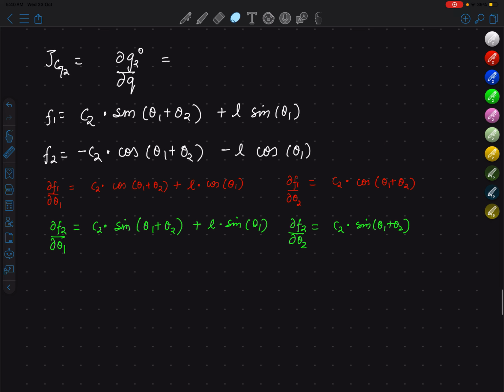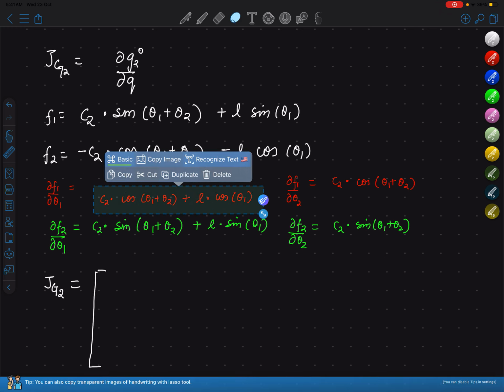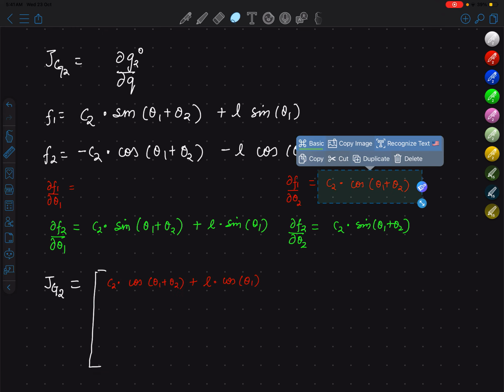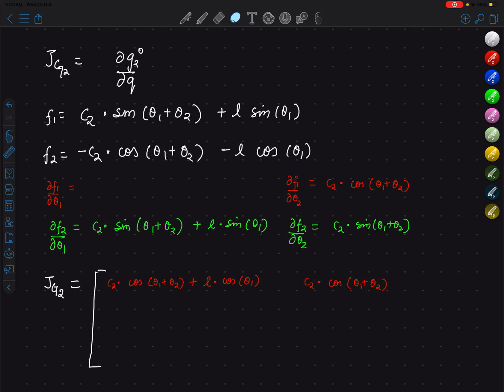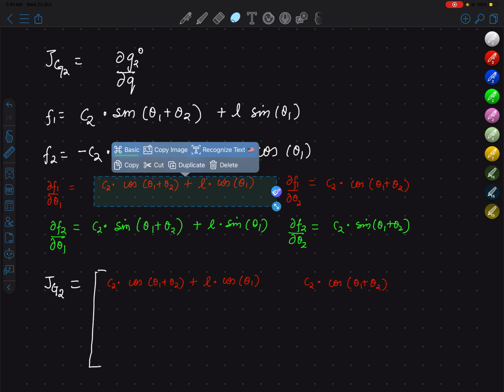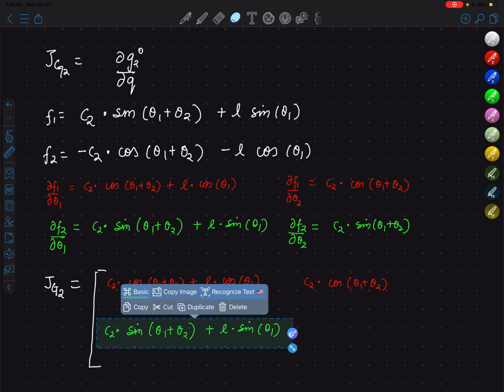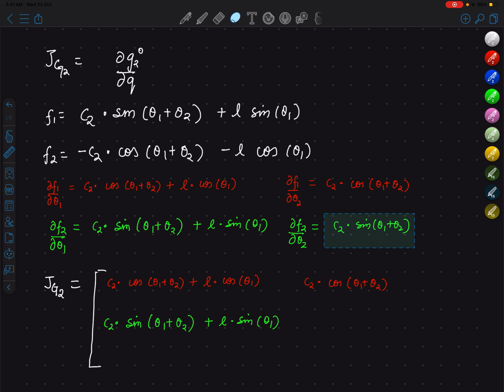Alright, so these are the values, so we'll just copy them. So JG2 is given as the first row is the first element, the second element, the third element, and the fourth element.